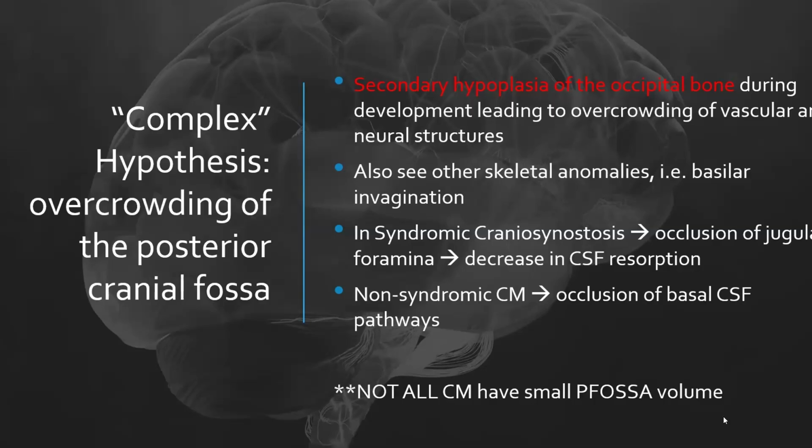The hydrocephalus here is thought to be an occlusion of the jugular foramina with a decrease in CSF resorption. And you also see this in non-syndromic Chiari malformations, where this is thought to be more of an occlusion of the actual CSF pathways. And then again, this theory doesn't explain everything, because when you go back and look at Chiari patients, not all patients have a small volume when you look at the radiology and you try to calculate their volumes.